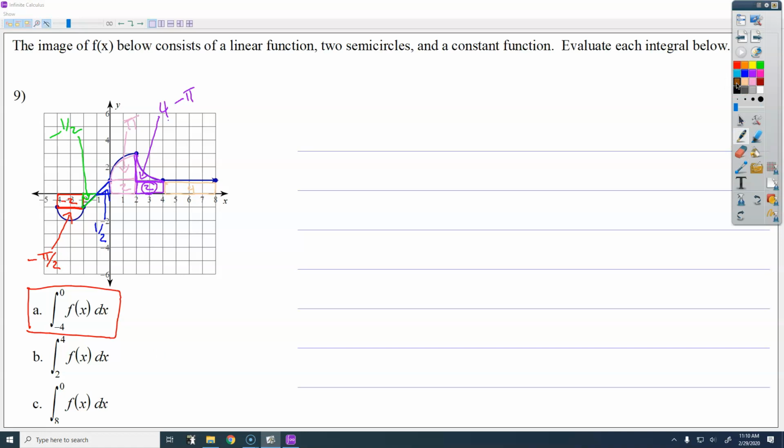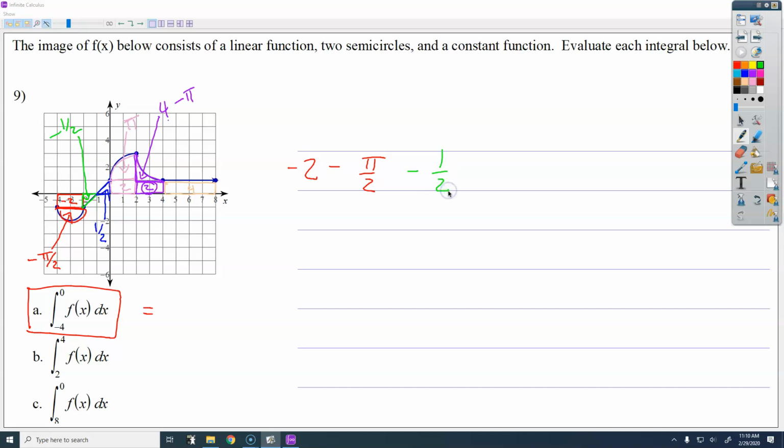Alright, so with part A, it's telling us to go from -4 to 0. So basically we need to go from the red region up through the blue region. So the red region that we have up here is the first part, -2 minus pi over 2. Then we have the green region, which is -½.